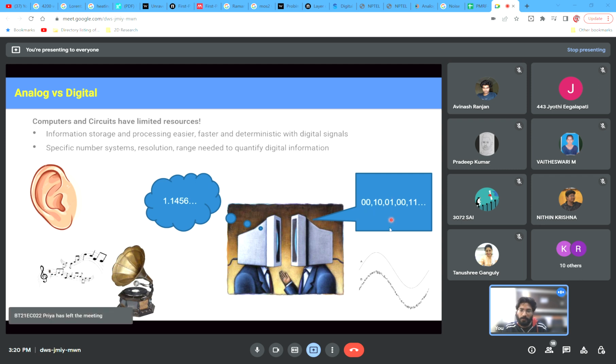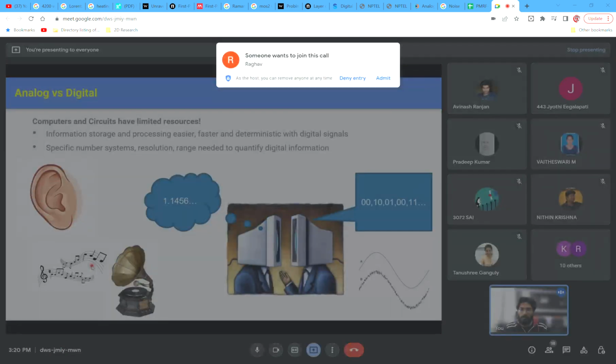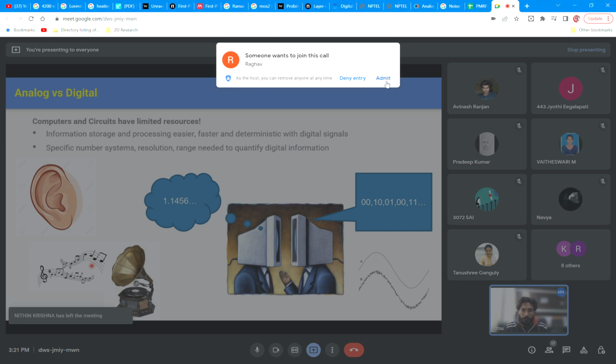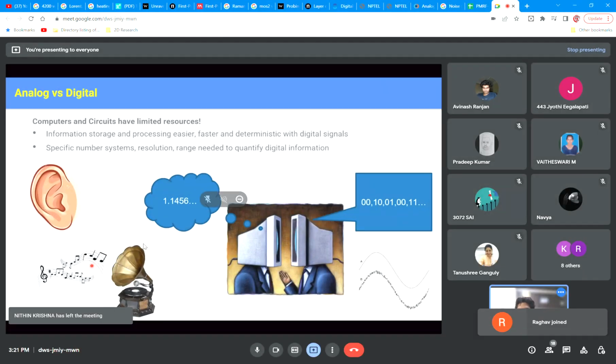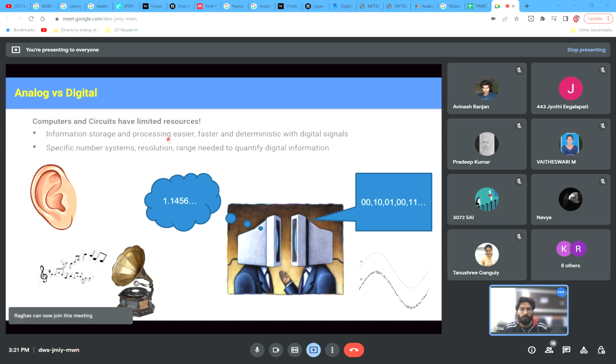But these music signals can also be converted to digital these days. There are analog to digital and digital to analog converters which accomplish this task. More things are going towards a digital way now, because ultimately you have to use some computer to store and process.